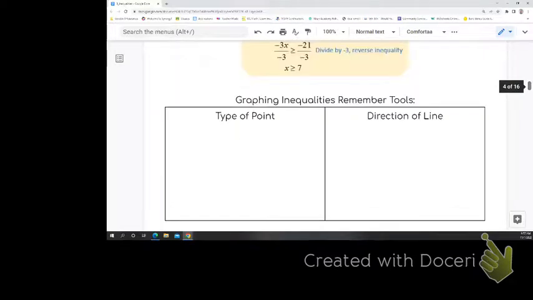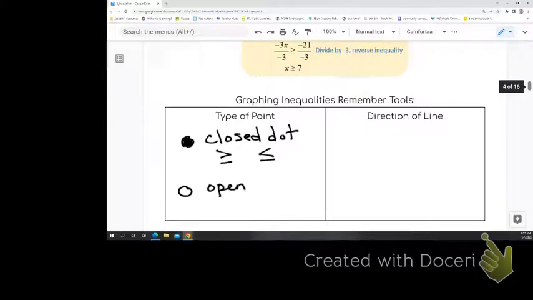And then this is just a reminder of what you practiced on IXL. The closed dot or closed circle goes with these two, and the open, you can refer to it as a dot or a circle, is when we don't have the line. x is greater than or equal, these would both go this way.